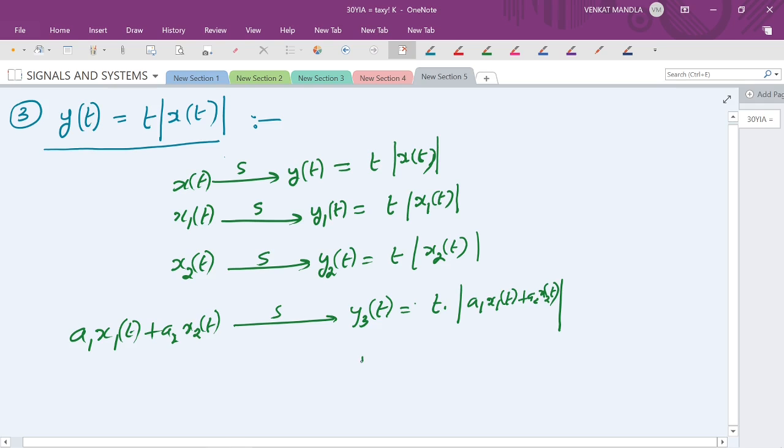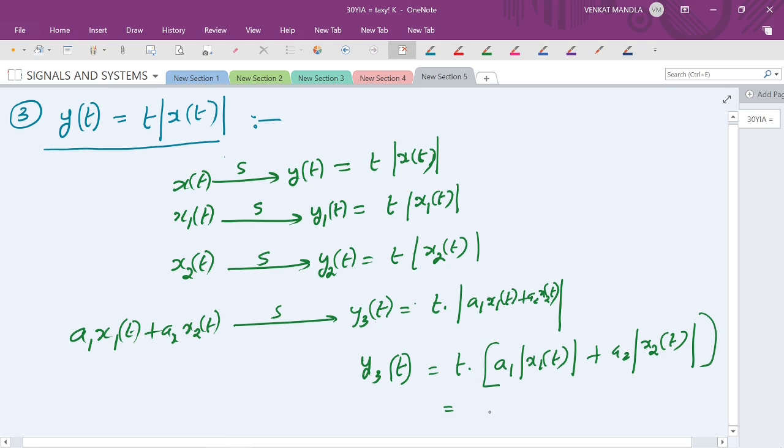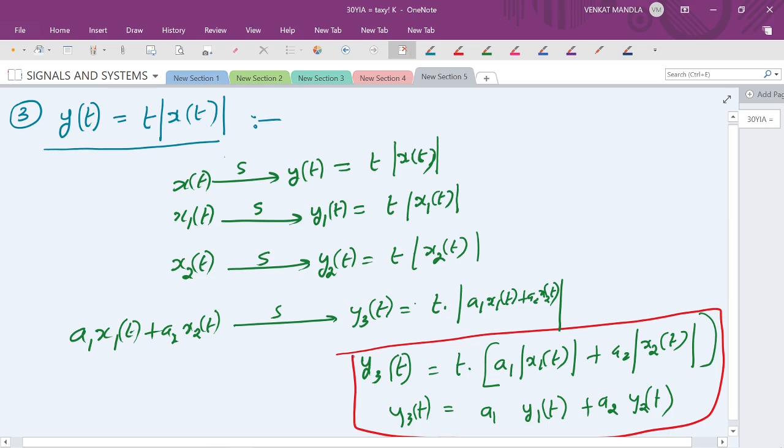Can I write this y3(t) as t into a1 mod x1(t) plus a2 mod x2(t), that is a1 y1(t) plus a2 y2(t)? This is the question. Can I write like this?